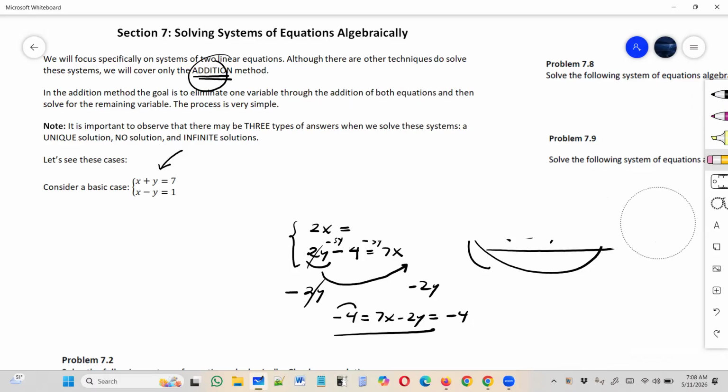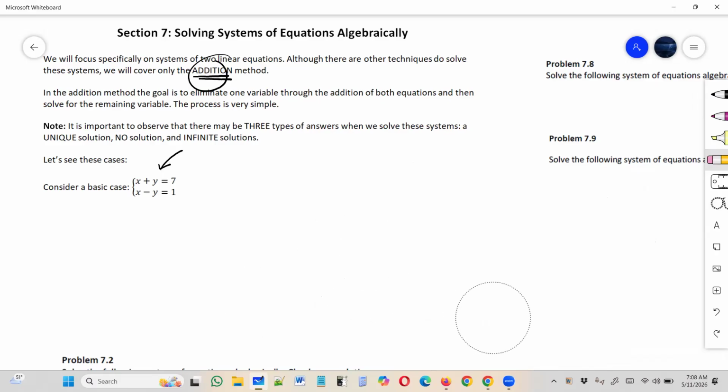The next thing that we have to know is the following. It's very important and we need to understand. Whichever method you use to solve a system like this one, a system of linear equations in two variables, we have to understand there are going to be three types of answers or three types of solutions.